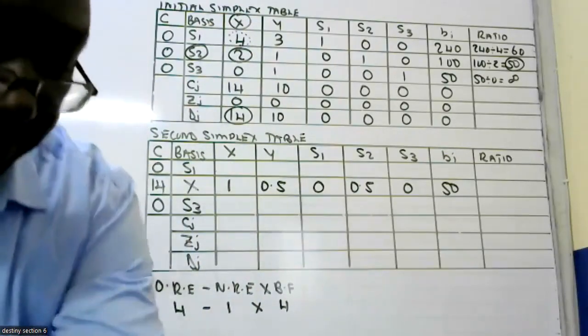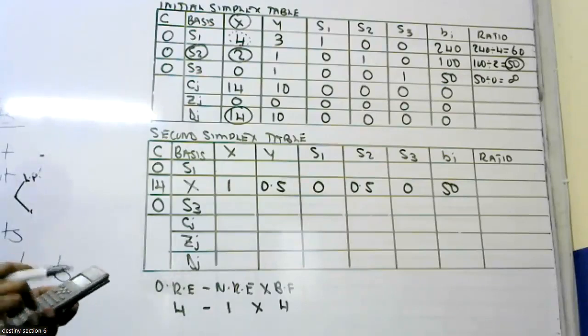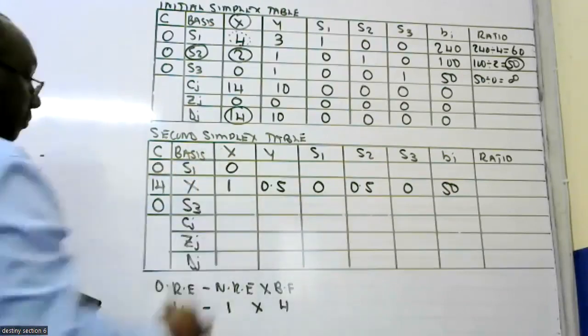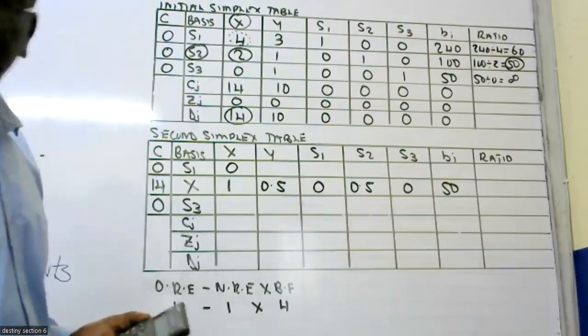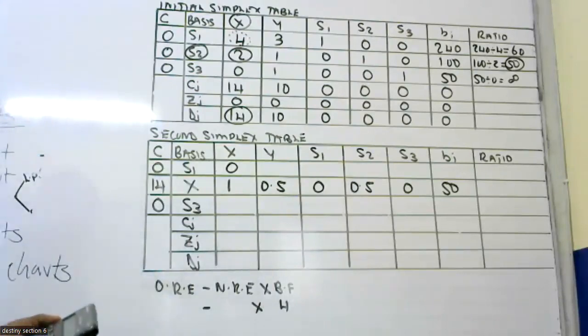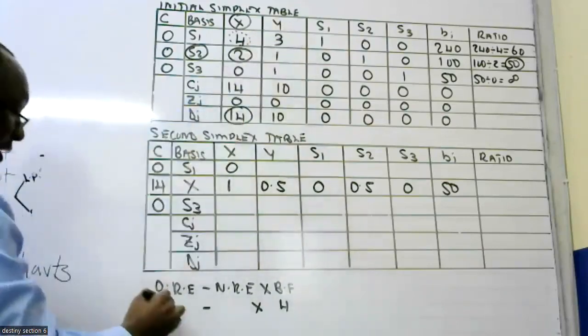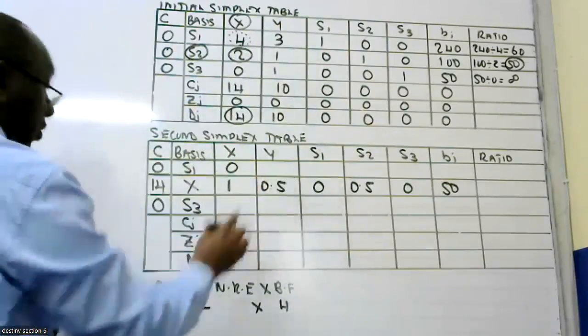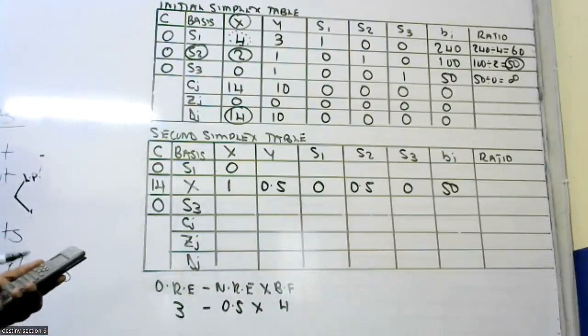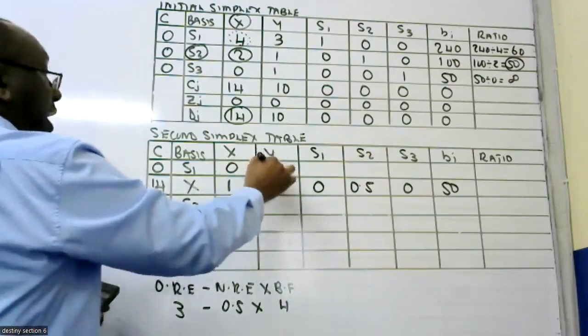Now you take the calculator. I told you, you just put them the way they are. Say 4 minus 1 times 4, and you get 0. Write it here. Then we go to the next. This one is 3. So you take 3. Coming here, the new row is 0.5. Balancing figure is still 4. So you say 3 minus 0.5 times 4 is 1. So you put it there.